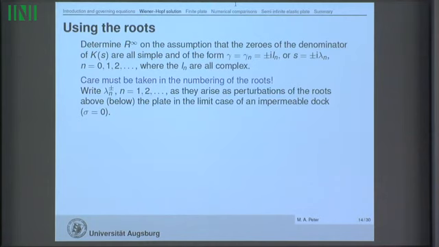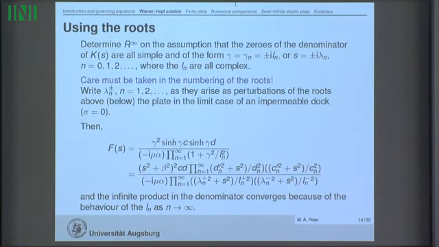And the useful thing to realize, and I alluded to that a couple of times during the talk already, is again that basically the base problem, if you like, is the one where you just have an impermeable plate, what people call the dock. And if you look at the roots as perturbations of this dock problem, where the plate is impermeable, where mu is 0, then it's reasonably all right to track those roots.